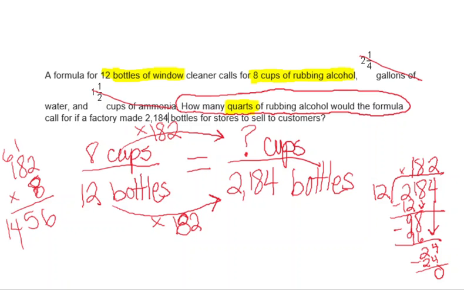So I have just found out that there are 1,456 cups needed for 2,184 bottles. So I did that by setting up equivalent ratios.